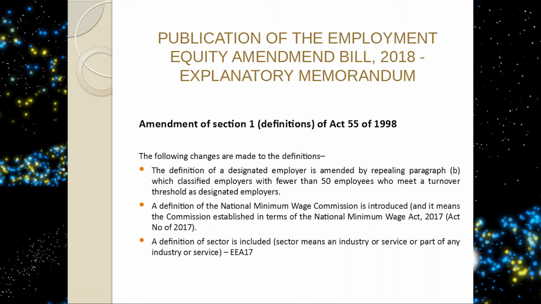So if you operate in agri, your turnover is more than 6 million and you employ 49 people, you will be deemed non-designated. The industry thresholds, we believe, will fall away, and it will only be: do you employ 50 or more people, yes or no? If so, you will be deemed designated. If you employ fewer than 50, you will be deemed non-designated.